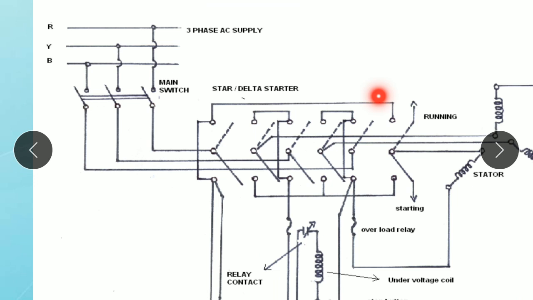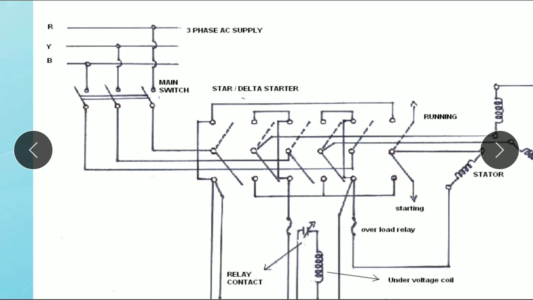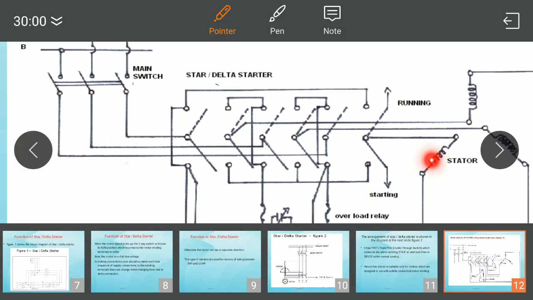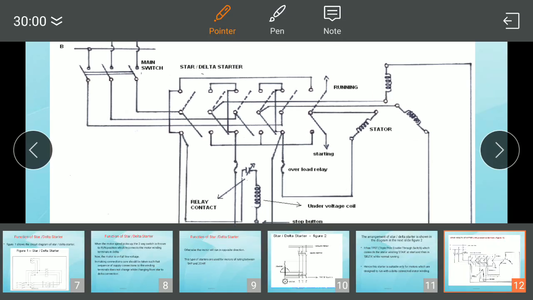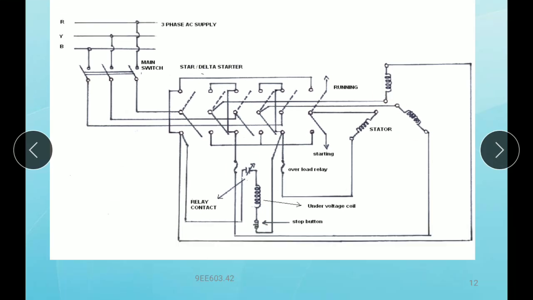This is the delta and this one is star. Starting star and under running condition delta connection. This is the stator. Here the relay contact, and stop button, under voltage coil, and also overload relay.